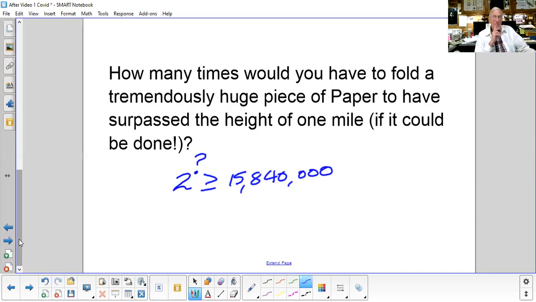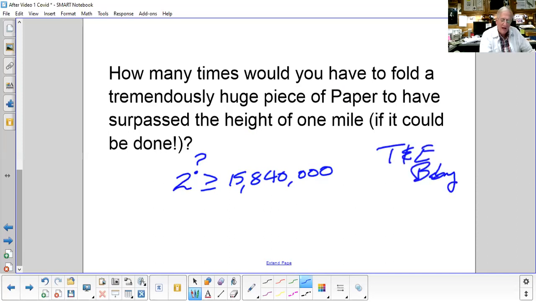Now, let me just say this. We could solve this by doing a logarithmic equation, but we haven't done logarithmic equations in a long time. So I'm not doing it by logarithmic equations, okay? What I'm going to do instead is T&E, baby. Trial and error.